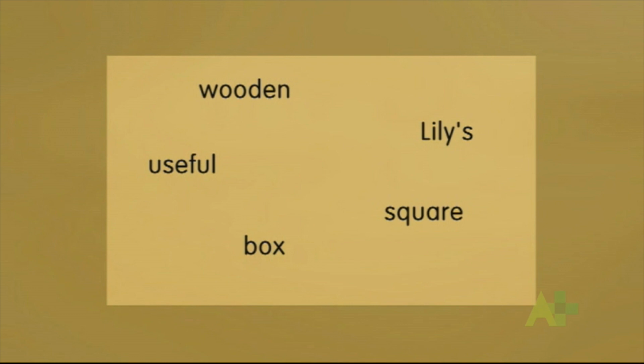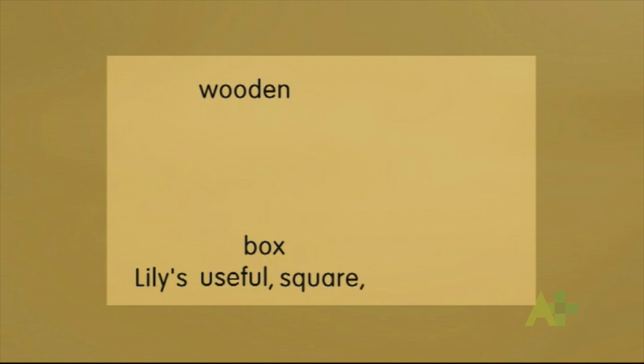The determiner. Whose box is it? It's Lily's box. So Lily's comes first. Then that's followed by the observation. The box is useful. Then the shape. It's square. Then finally the material. It's a wooden box. So we have Lily's useful square wooden box.